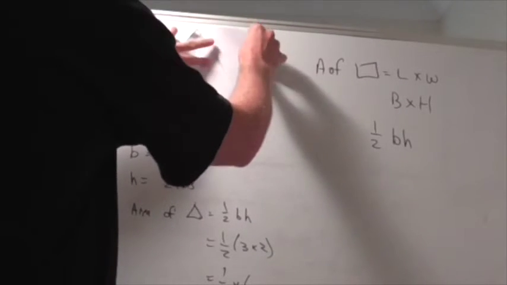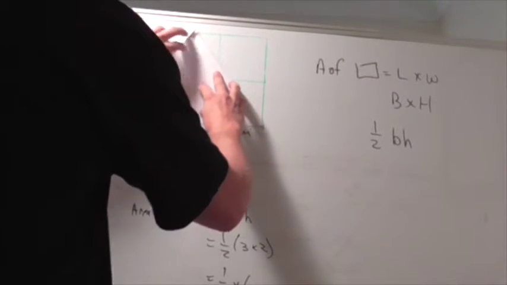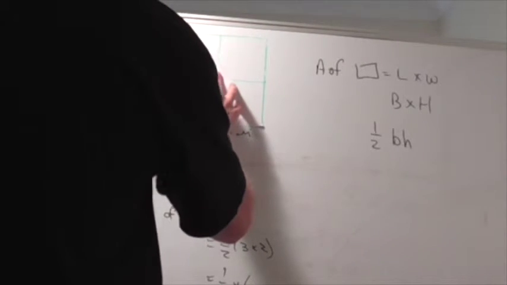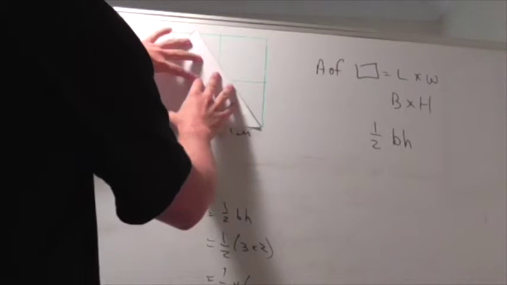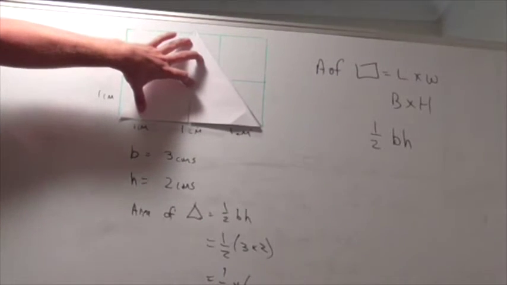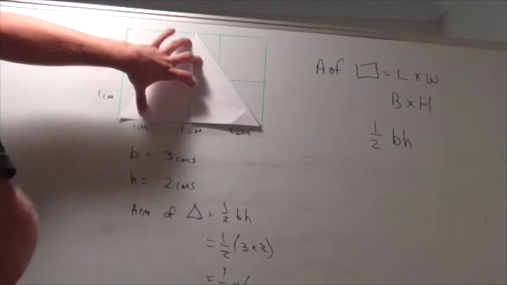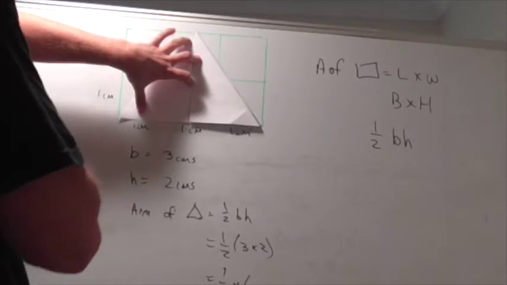Now, if you can see now, we've cut up this piece of rectangular paper. I'm going to flip those two triangles on the side, and you will see that the area of one rectangle equals 2 times the total area of 2 triangles that have been made from that rectangle.